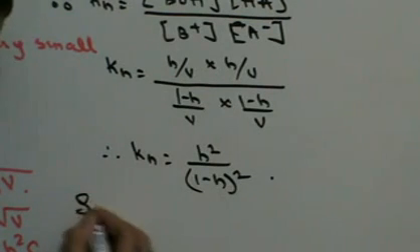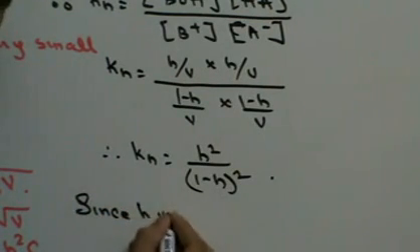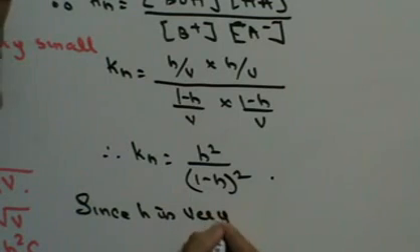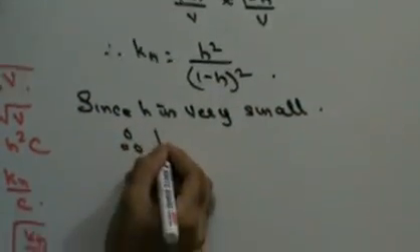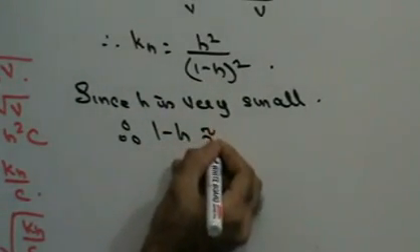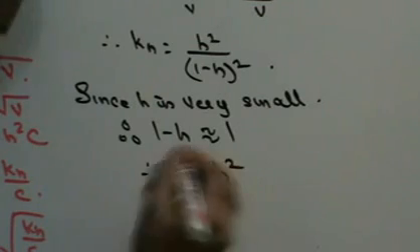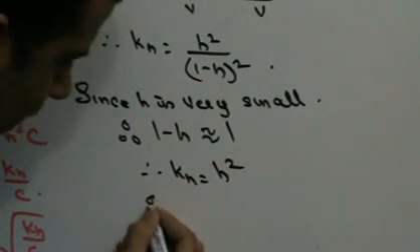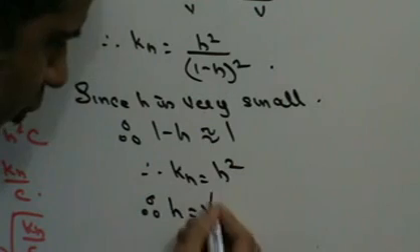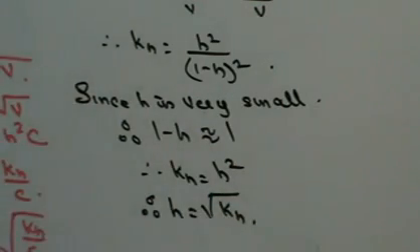Right? Now, since H is very small, 1 minus H is approximately equal to 1. Therefore KH is equal to H square. Therefore H is square root of KH.